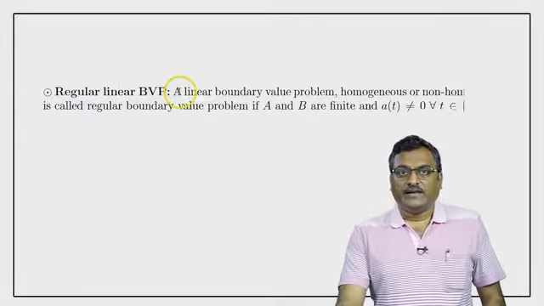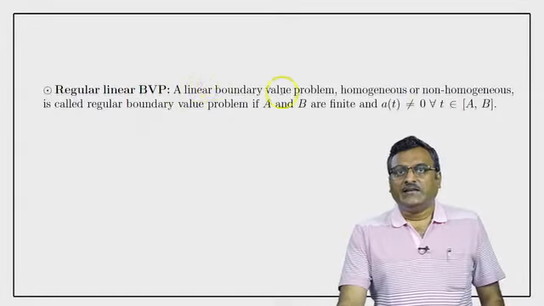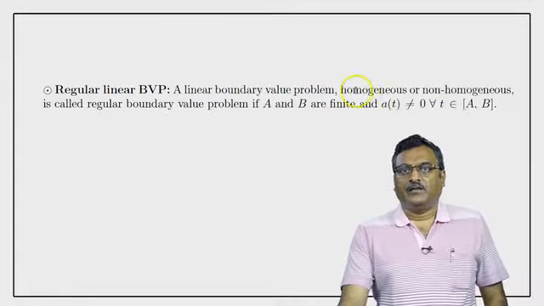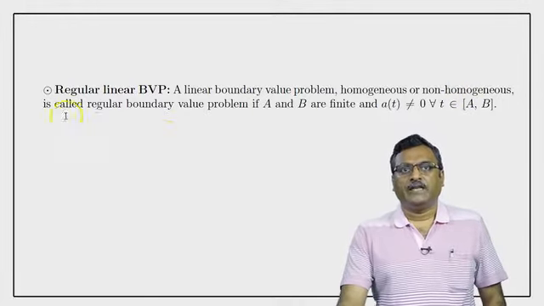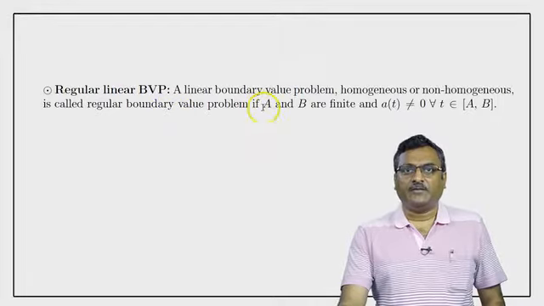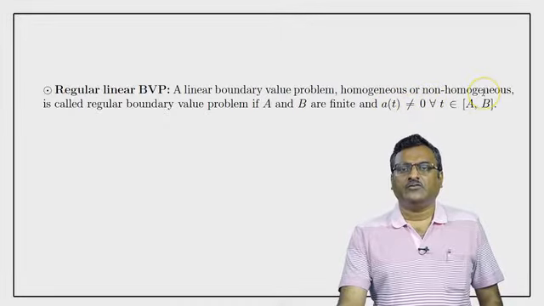What is a regular linear boundary value problem? A linear boundary value problem, homogeneous or non-homogeneous, meaning the equation is either of the form Lx equal to 0 or Lx equal to d(t), is called a regular boundary value problem if a and b are both finite and A(t) not equal to 0 for all t belongs to [a, b].